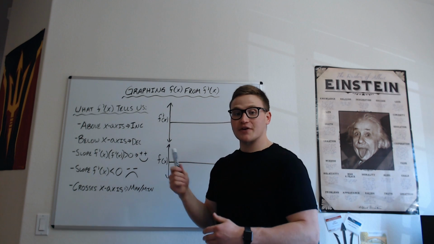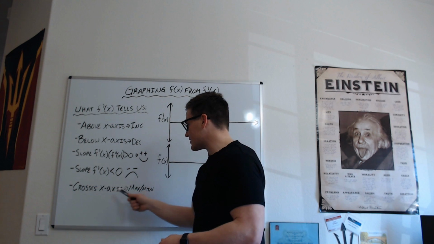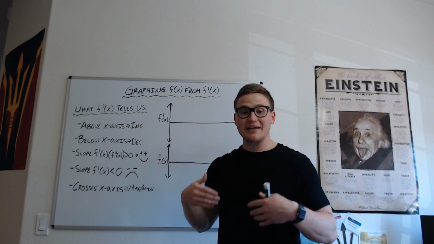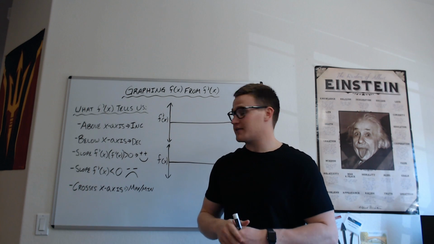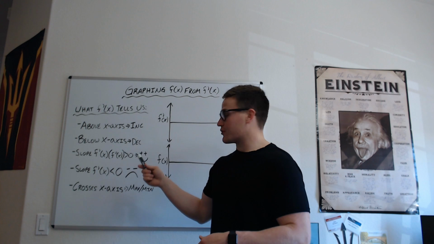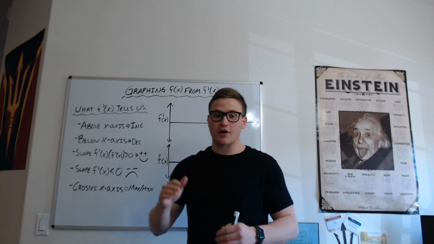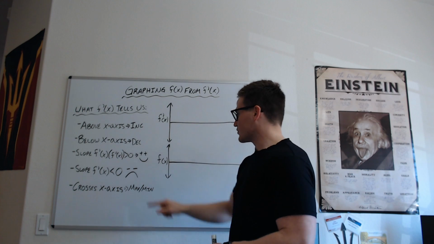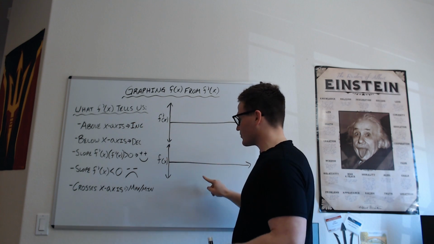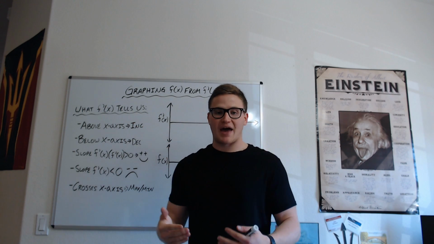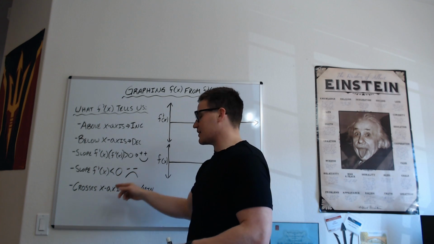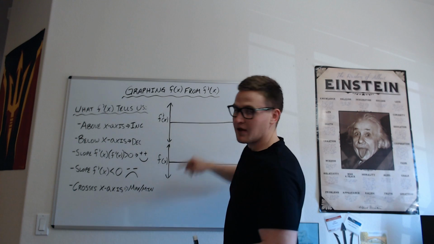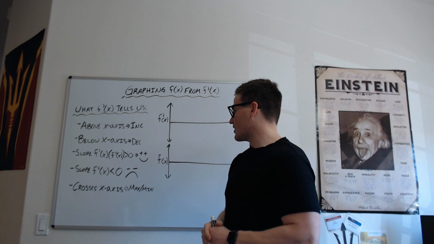The other piece of information that's useful is that when we cross the x-axis on f prime of x, that means when f prime of x is equal to 0, that's when we're going to have a critical point. So when we go from positive to negative, that's our maximum. So if we come across this way on f prime of x, we'll have a maximum. Whereas if we go from negative to positive, that's our minimum. So if we come across here, then we'll have a minimum.